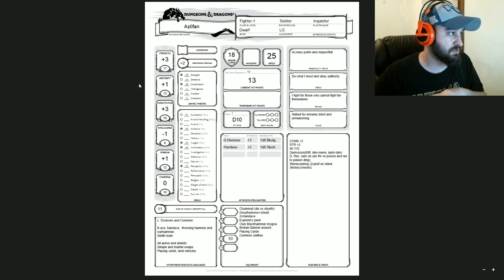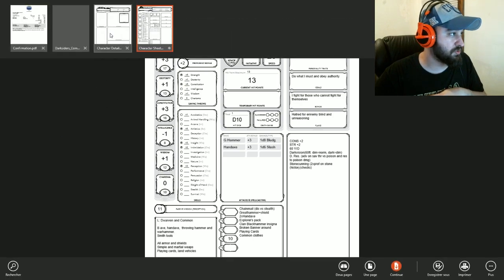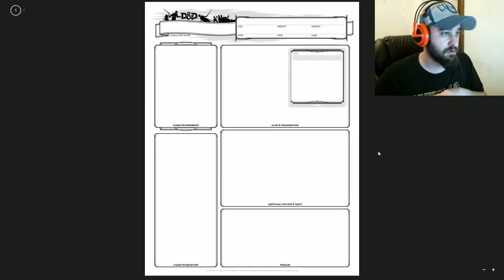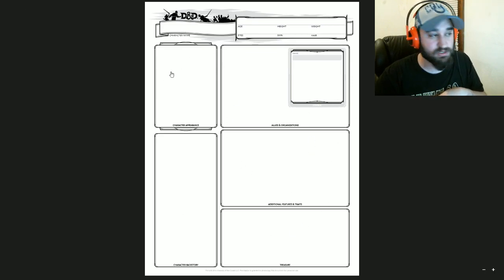Before we go, I just want to show you, you have 2 other sheets that you can add. It's this one right here, which is like if you need more space for your background. This is mainly for your background, and if you have a bunch of traits that you will get eventually, when you get a little bit higher level, you get to add to that.